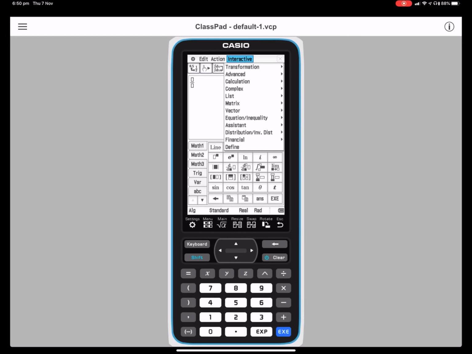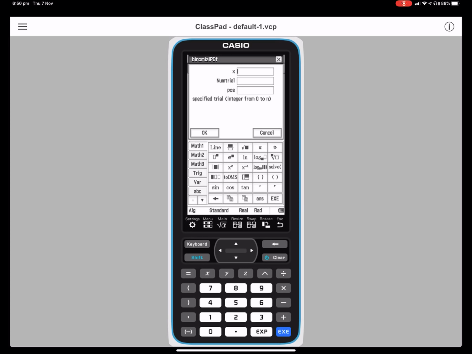Exactly 74 times, 80 trials, 0.9 success.